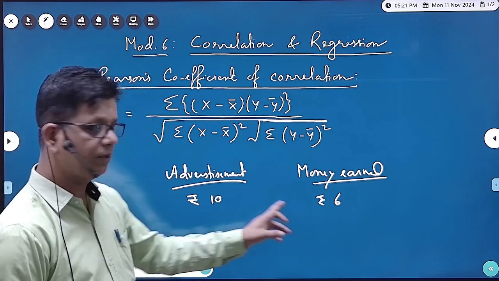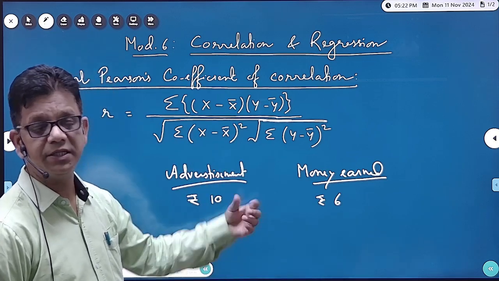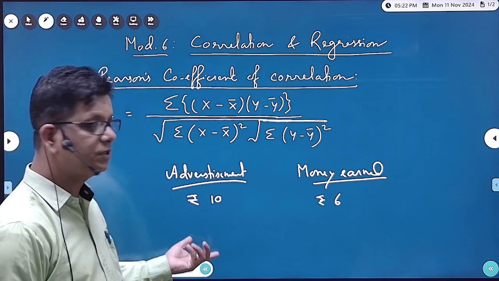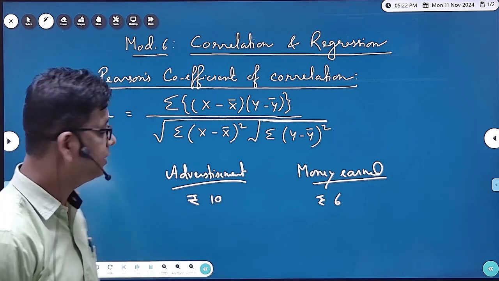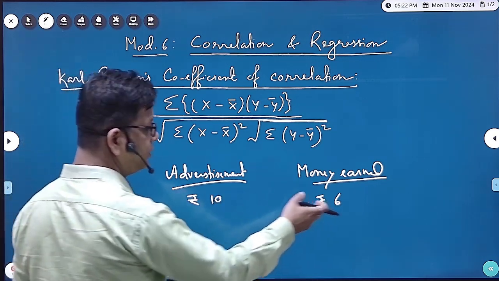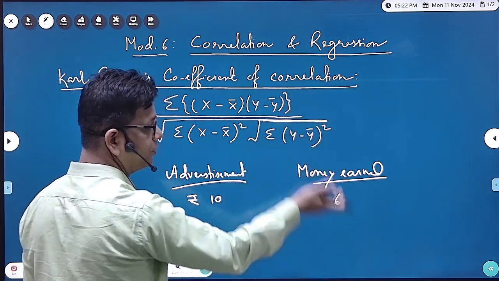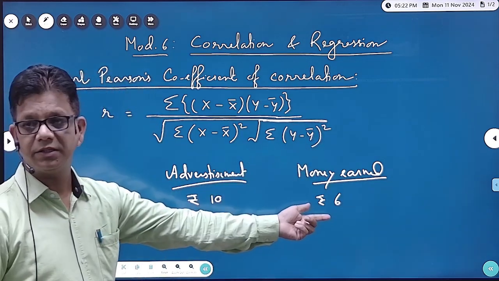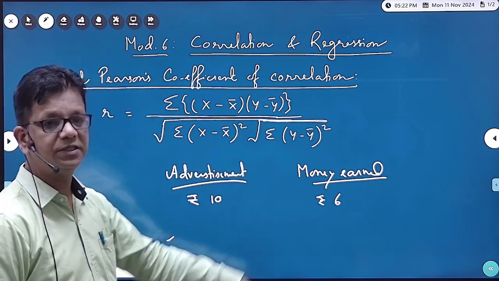If it goes in decreasing order, this is what we learned as negative correlation. Now if more money invested brings more profit because of the celebrity giving the advertisement, we get positive correlation. Positive correlation means the sale is increasing. If the sale is not increasing, that is negative correlation.